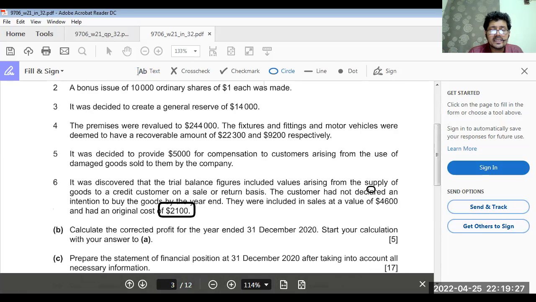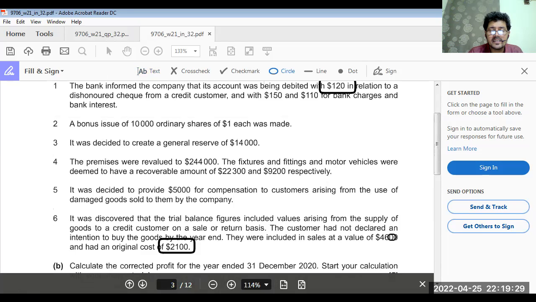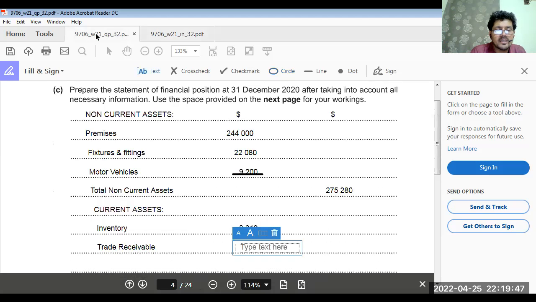And this sale, 4,600. 20,920 is the amount of trade receivable. We are going to report 20,920.